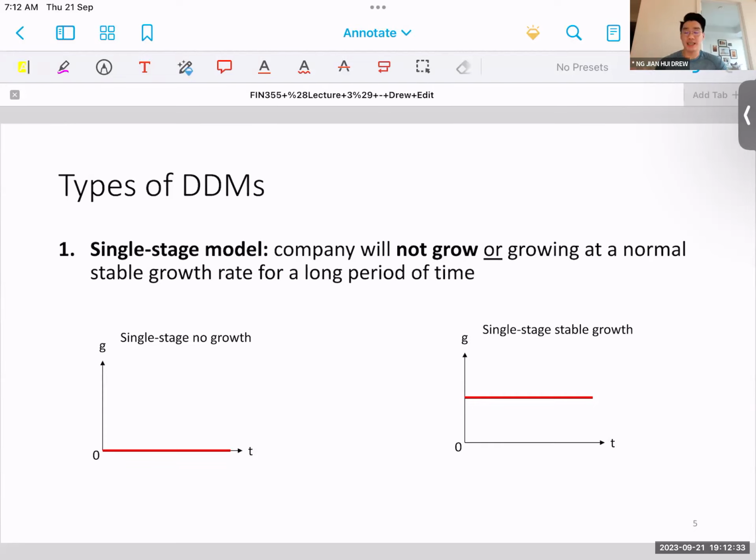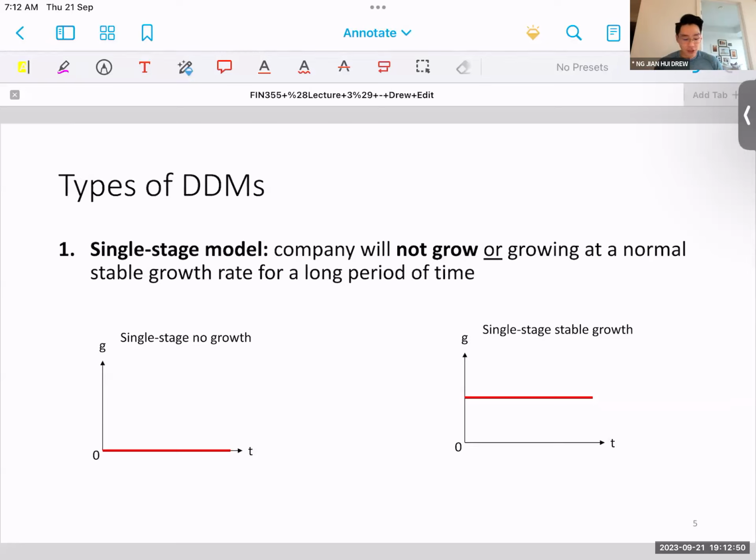Now instead of using dividends, we use free cash flow to equity. Instead of free cash flow to equity, maybe we use free cash flow to firm, or maybe even the residual income, right? But everything is based on the understanding of this basic model that we're going to talk about.